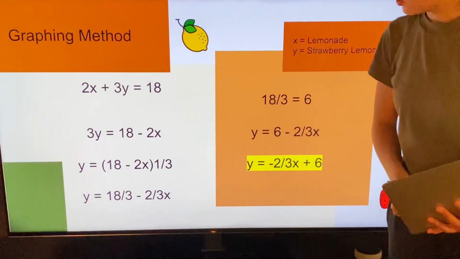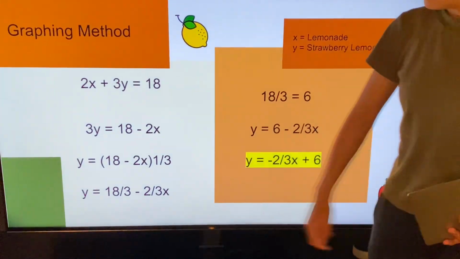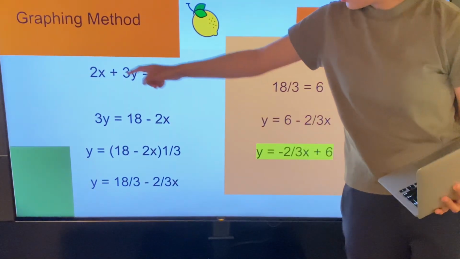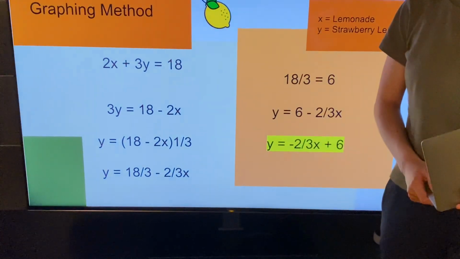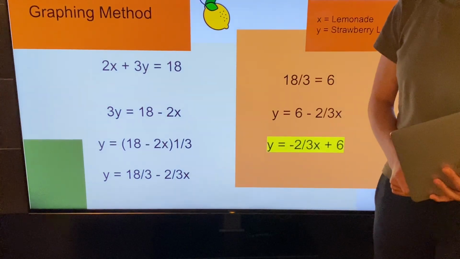So the first thing we'll do is change the 2x to the other side, which will result in 3y equals 18 minus 2x.